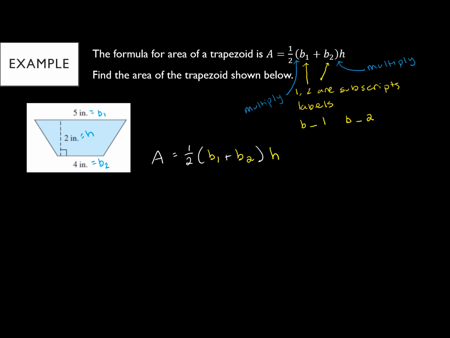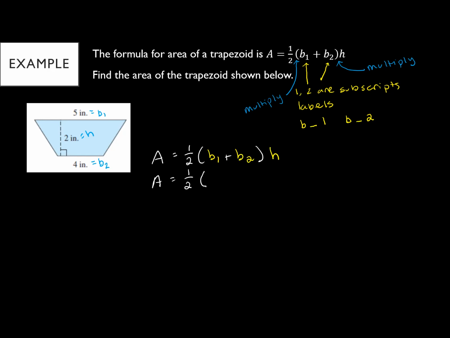We often refer to this as plugging in the values. Now, all math that we do is done vertically, so that's why I'm doing this underneath it. You're going to want to get into the habit of working vertically, because it will help keep your work organized. That's our mathematical convention. That's how we show our work.